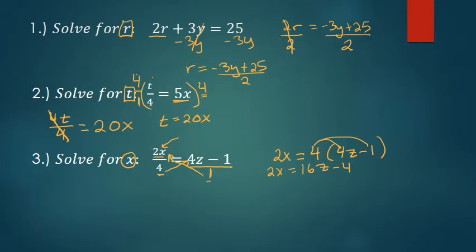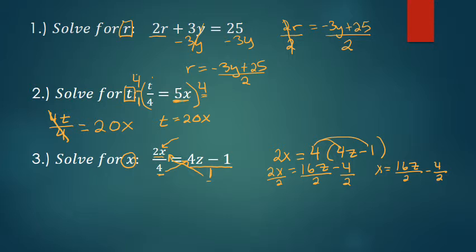Again, I need to get x by itself, so I divide by 2, and x equals 16z over 2 minus 4 over 2. Now the reason I split it in this case is that I had a 16, which is divisible by 2, and I also have a 4 that's divisible by 2. So that allows me to reduce each term.